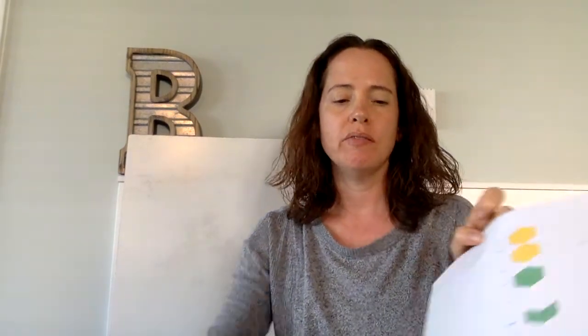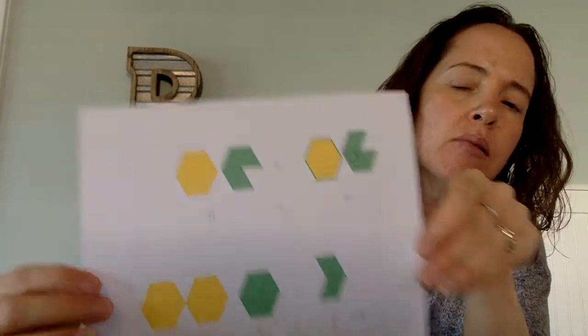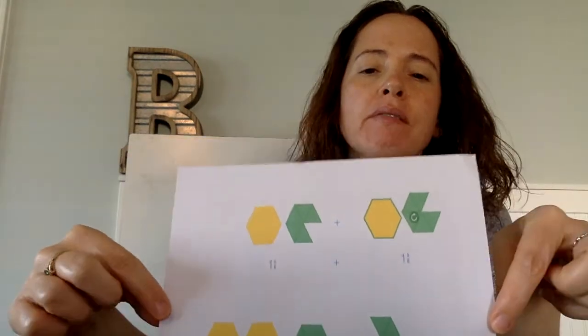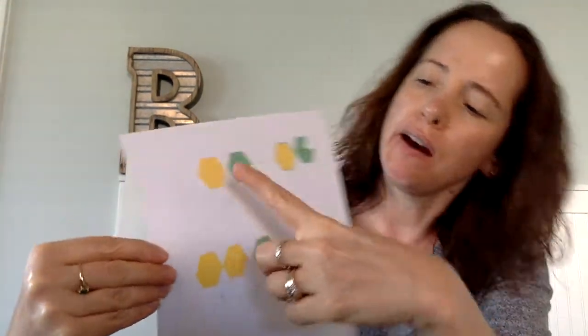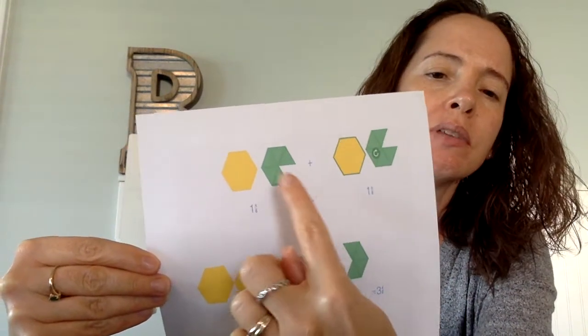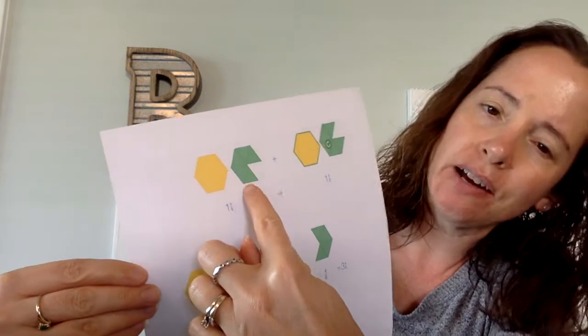Now, it's been a couple weeks since your last lesson, where we left off with adding mixed numbers. If you remember, I showed you a visual like this. Here we have 1 and 5/6 plus 1 and 5/6. You can see I have 1 whole plus 5/6 plus another 1 and 5/6.